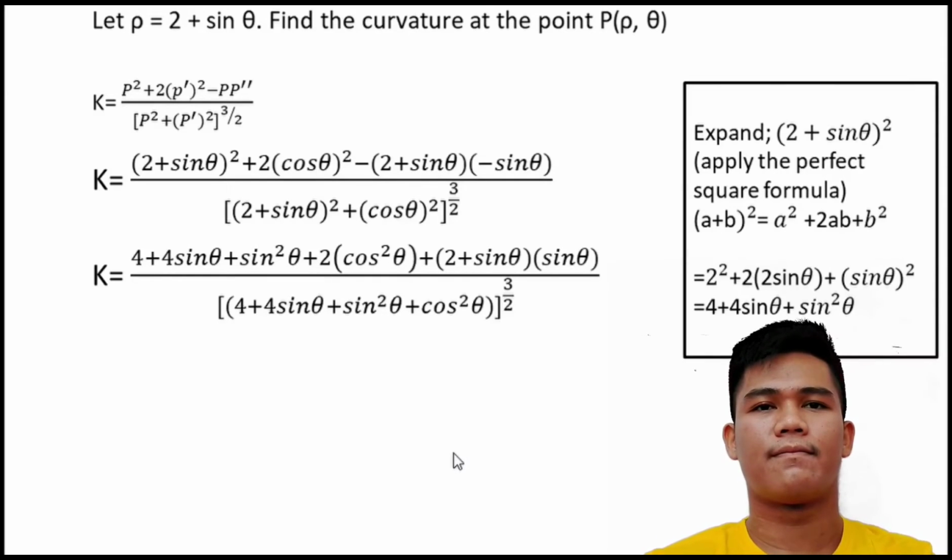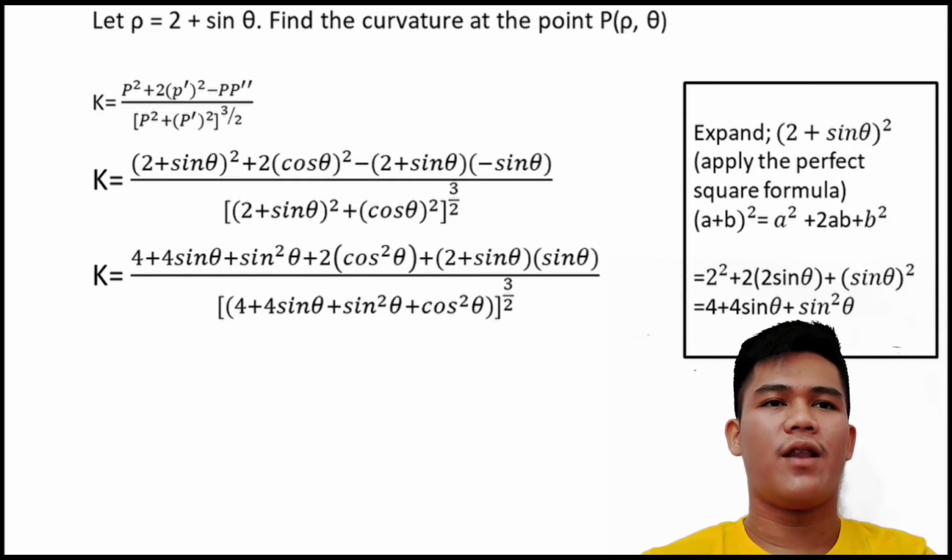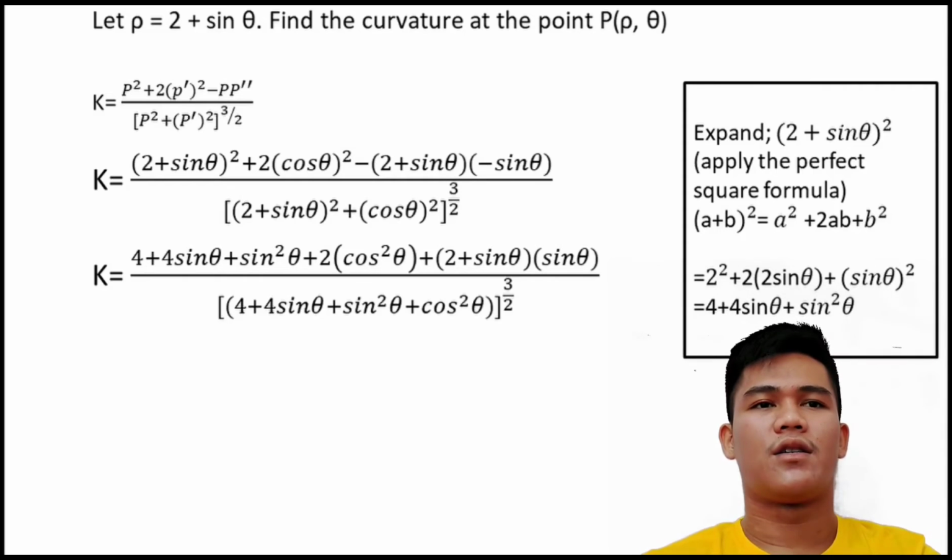Next. In this term, the 2 plus sine theta squared, we apply the perfect square formula to expand it. The perfect square formula: a plus b squared is equal to a squared plus 2ab plus b squared. So our a is 2, then our b is sine theta.